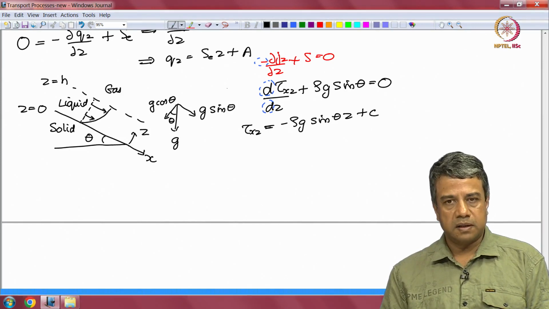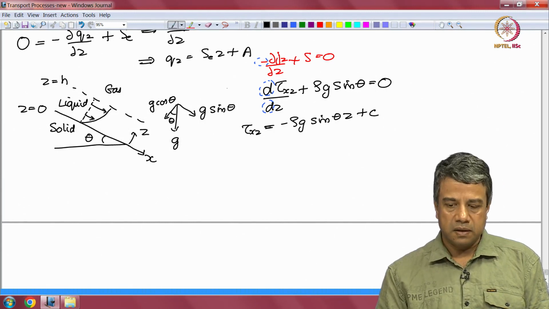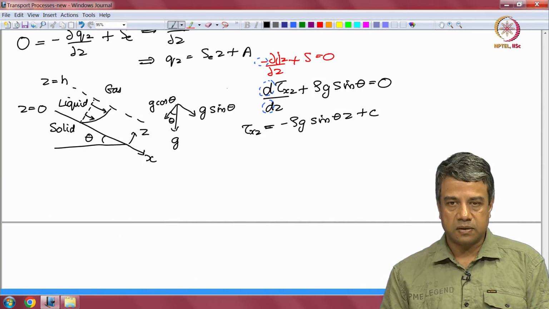How do we determine the constant in the expression for the shear stress? Recall that at the liquid gas surface there can be a slip velocity, but the shear stress has to go to 0 at a liquid gas interface.